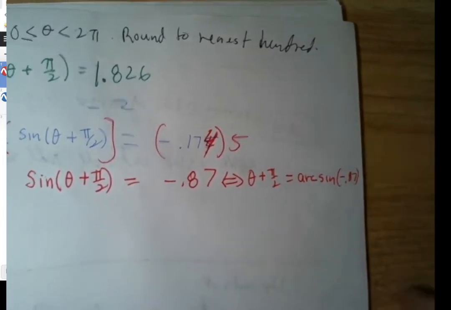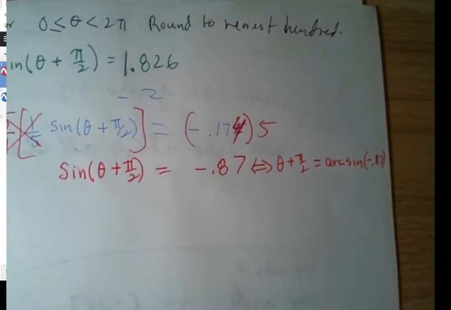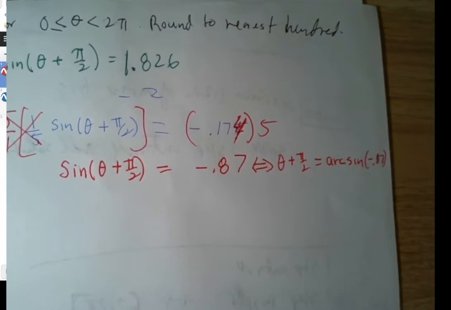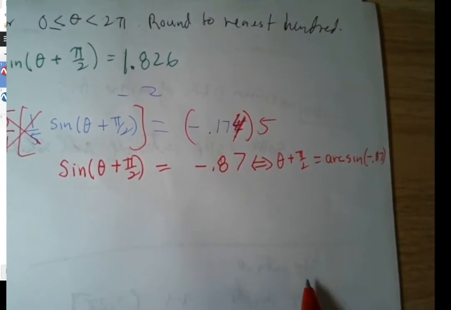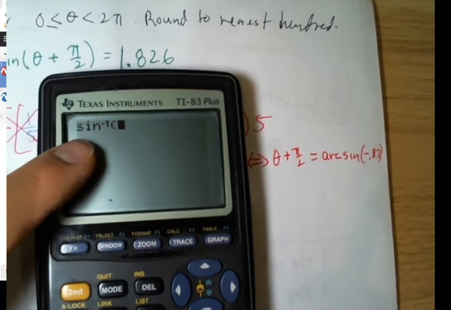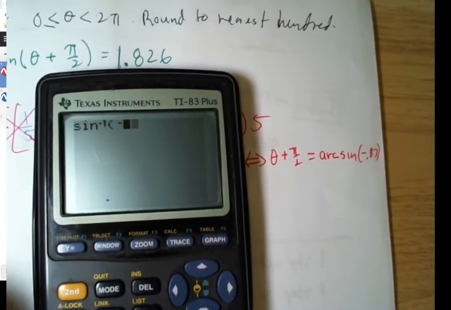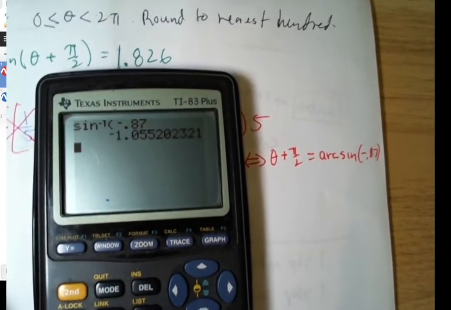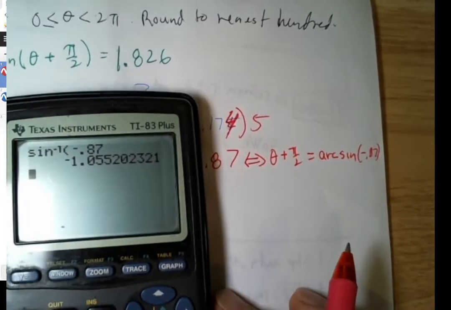Excuse me, I ran out of room there. I didn't plan my real estate out properly. But okay, so now I'll use this in my calculator. So we have arc sine of negative 0.87, and we get negative 1.055.